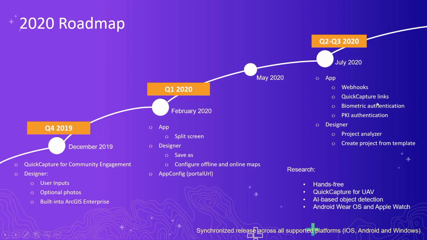We are also going to implement biometric authentication to help you log in more easily into the application, QuickCapture links to facilitate integration with other ArcGIS apps, and finalize the PKI authentication for those of you working with enterprise, and we will support SAML PKI as well as web adapter based PKI authentication.